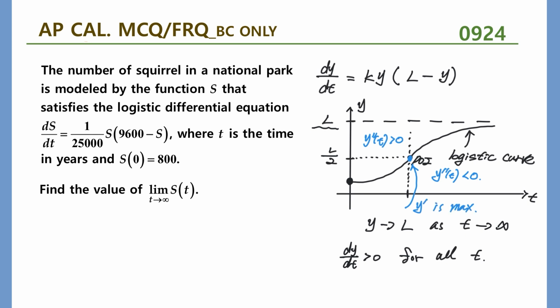One more thing that we have to know is that our slope, which is dy over dt, approaches 0 as t approaches infinity.